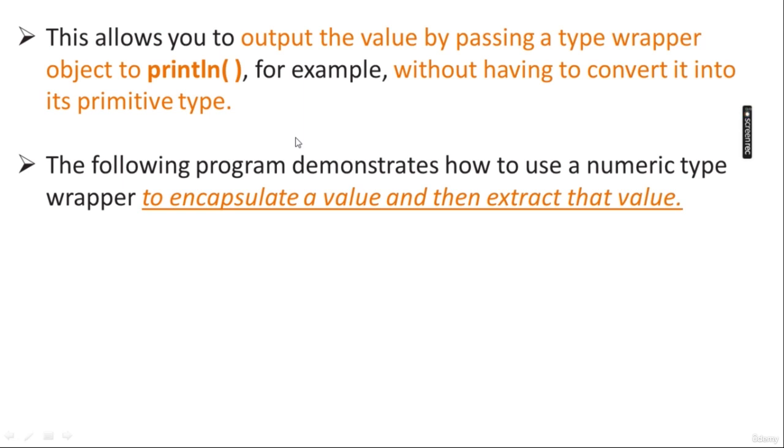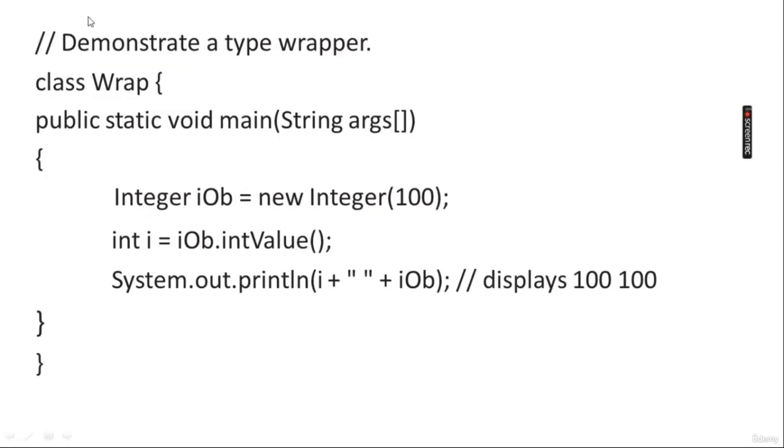The following program will demonstrate how to use a numeric type wrapper to encapsulate a value and then extract that value. Class wrapper: Integer iObject = new Integer(100); int i = iObject.intValue(); displays 100.